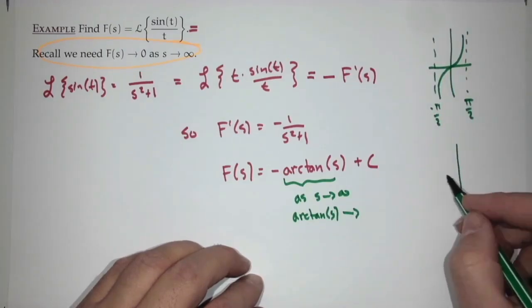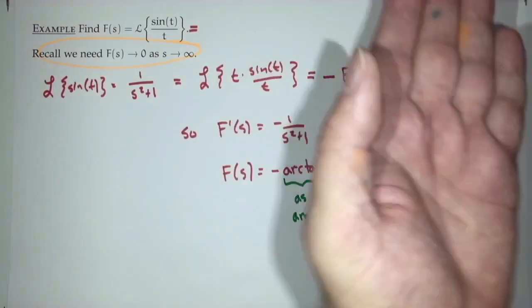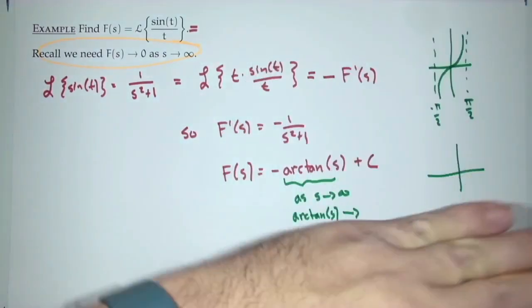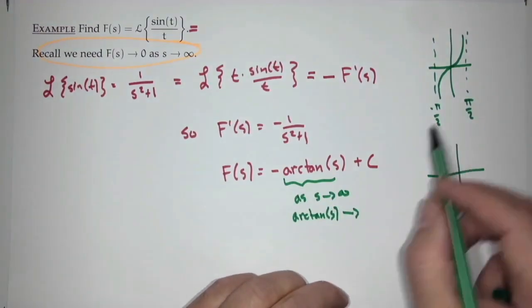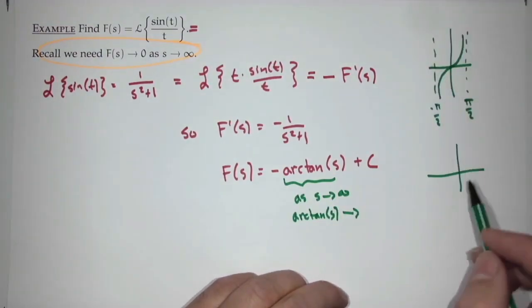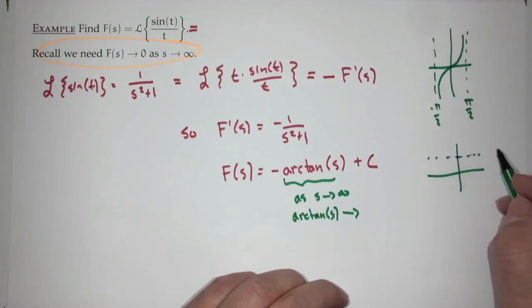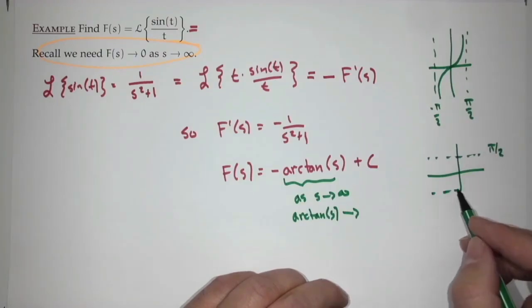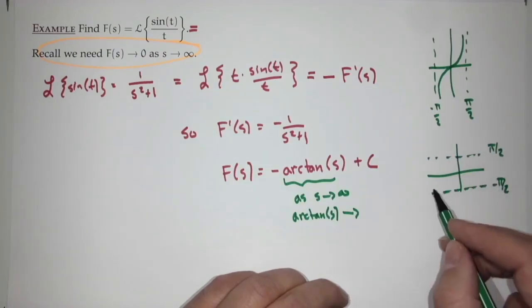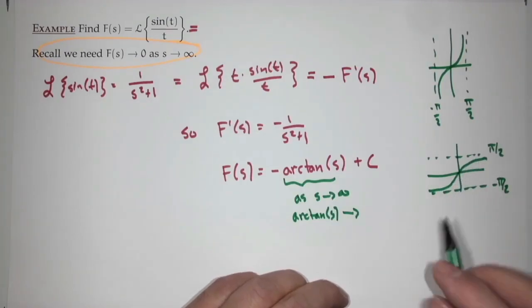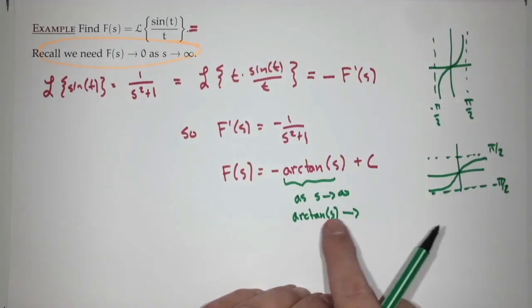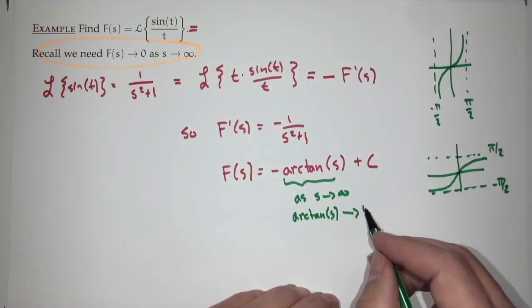And then to get to arctangent, you pick it up and you flip it over. There's that flipping across the line y equals x. So your vertical asymptotes become horizontal asymptotes. And so that's what arctangent looks like. So as time goes to infinity, arctangent goes to pi over 2.